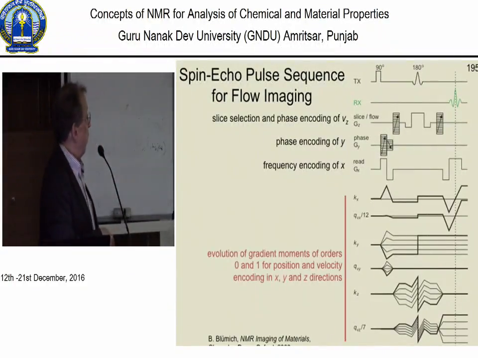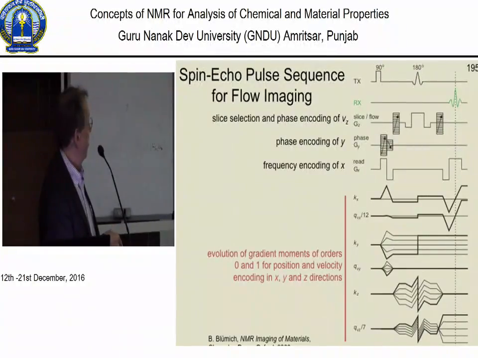And you have to adjust them, and this is why the sequence looks so complicated: during detection, at the echo maximum, kx is 0, the velocity in x direction is 0, the imaging space dimension in y is non-zero, this is what you measure. The velocity in y direction is 0 because you don't want to measure it. The space direction in the x direction is non-zero, you see it here.